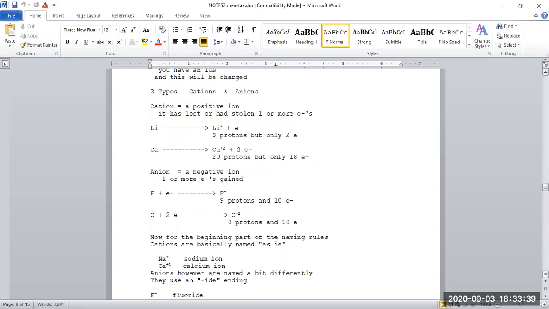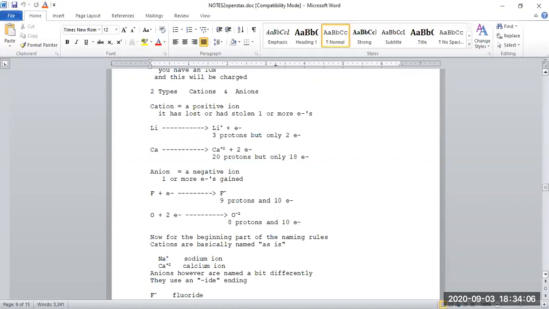It's not wrong the other way. It's just a different variation, but so that you are aware, you may run across this as a difference between different sources when you are looking at ions. Some of them will have the sign out in front, and some of them will have the sign at the end.